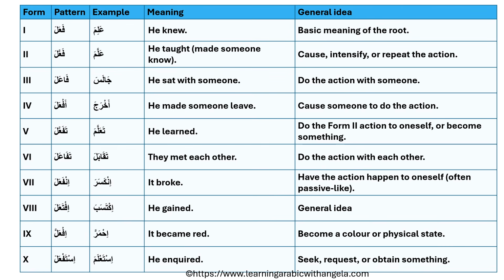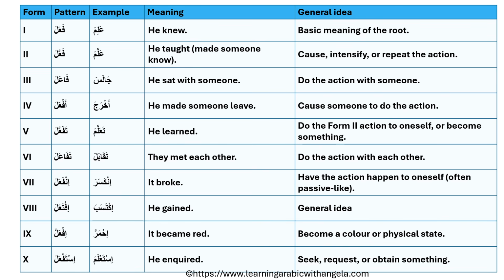Now that you have seen the meaning can change within real verb families, let's put the whole system together. These are the 10 main verb forms in Arabic. You do not need to memorize every meaning as a fixed rule. Think of these as recurring tendencies that can help you understand how a verb relates to its root and to other verbs from the same family.